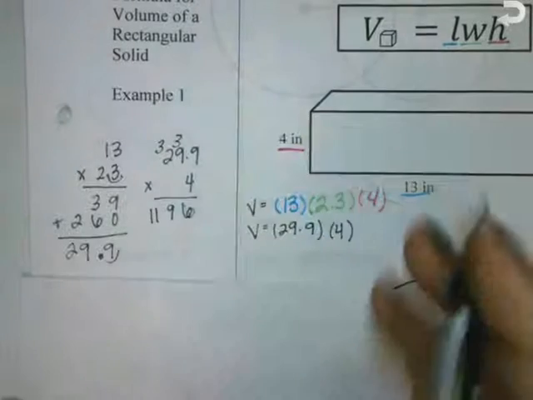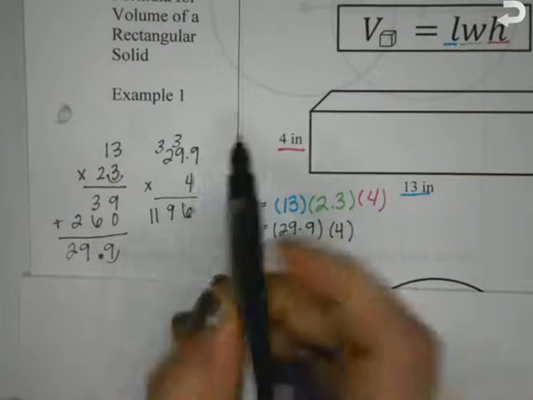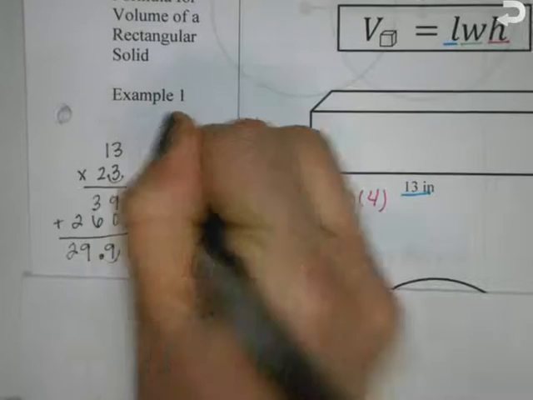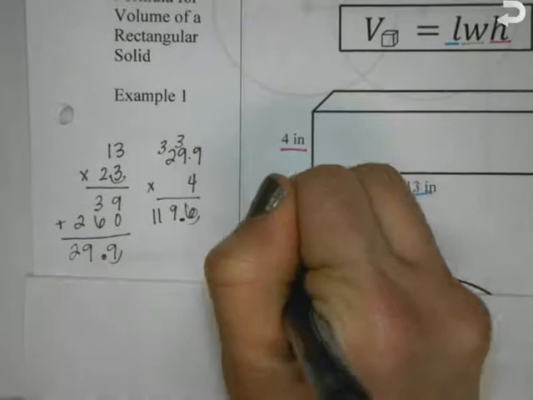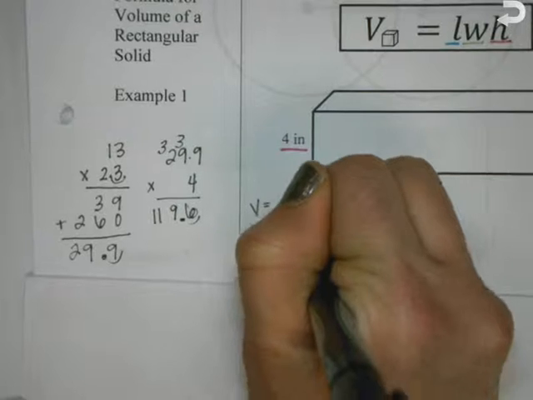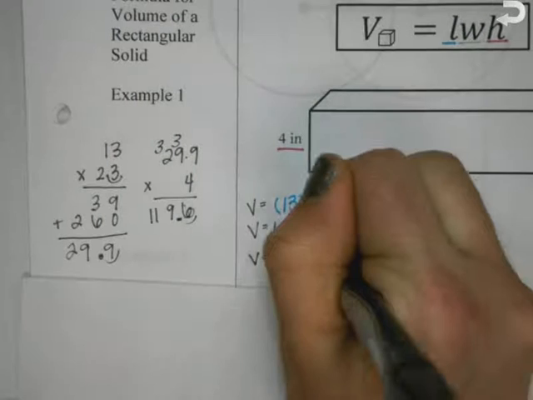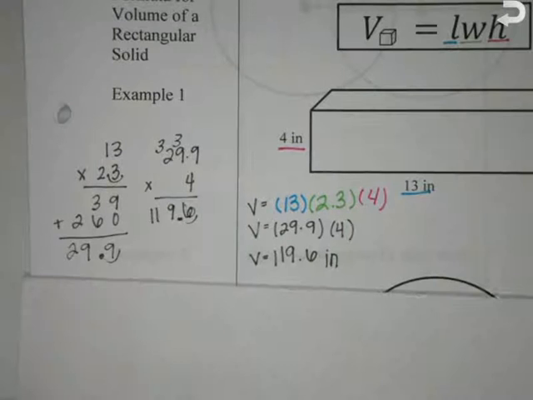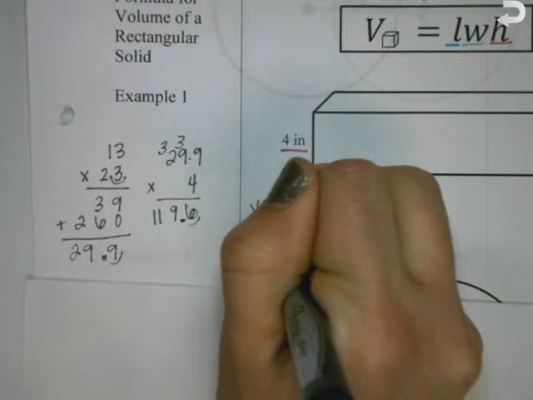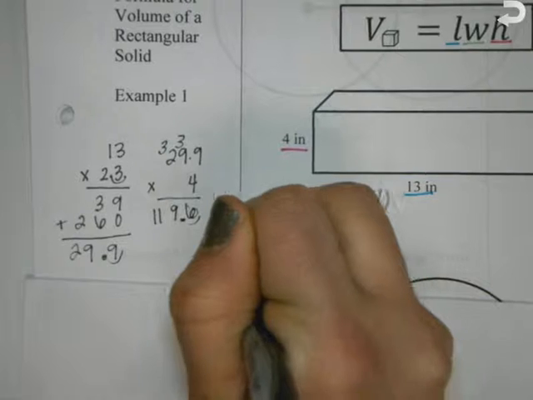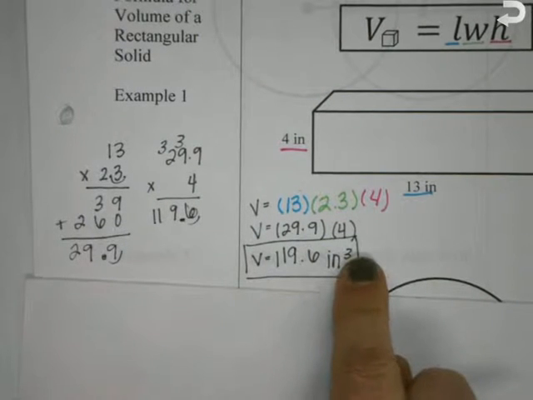So volume equals 119.6. What are my units? Inches. And what power do I raise those inches to? The third power. So we read this as 119.6 inches cubed. So you could fit 119.6 1-inch cubes into that box.